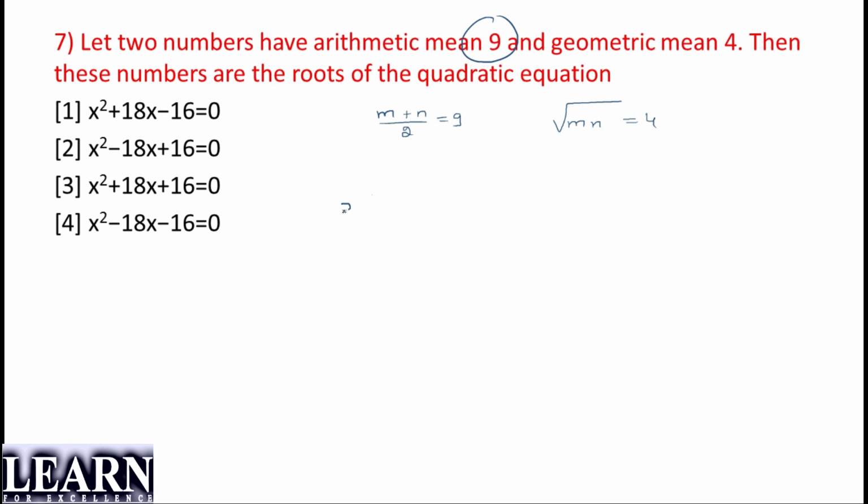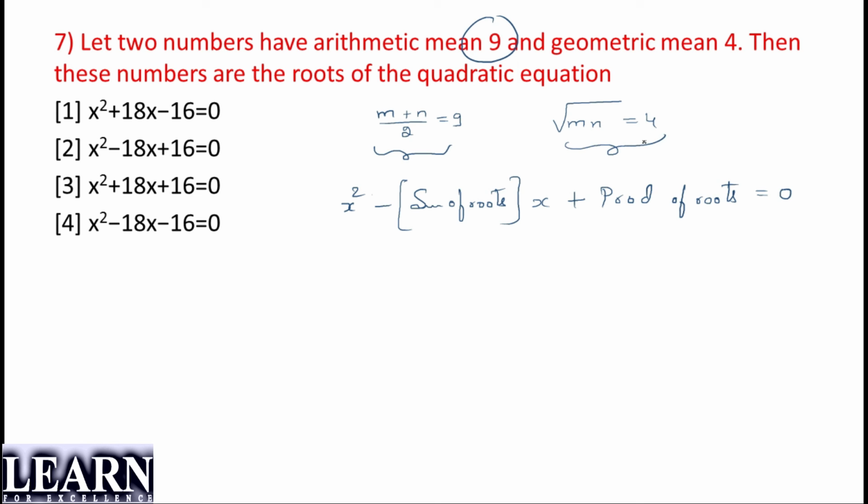Now I'll go with the same standardized equation, x square minus sum of the roots into x plus product of the roots is equal to 0. Here we don't have the sum of the roots and product of the roots, we have arithmetic mean and geometric mean. Look here, if I'm talking about sum of the roots, can I tell it is 2 times the arithmetic mean? So it is nothing but x square minus 2 times arithmetic mean into x plus product of the roots.